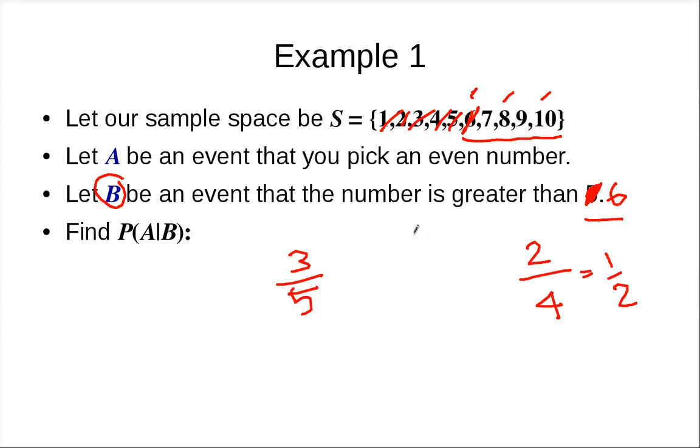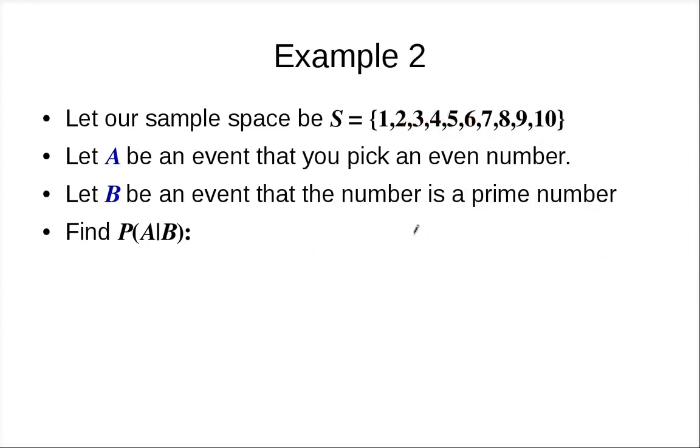All right, so let's look at another example. Now, let A be the event that you pick an even number, and B be the event that the number is a prime number. We want to find P of A given B. I'll give you a few seconds to think. So what's this?